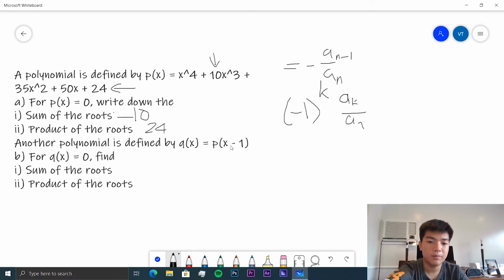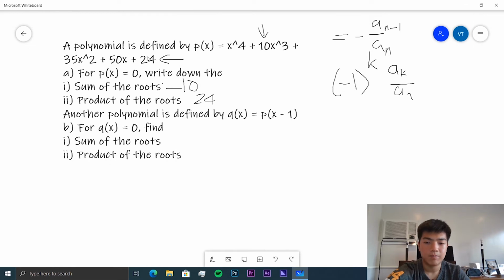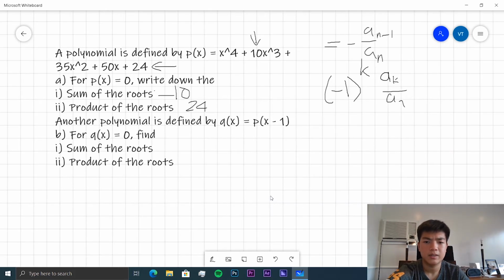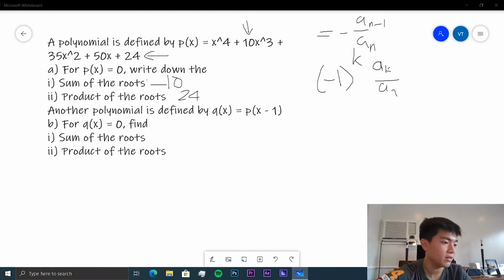Next, another polynomial, q of x is equal to p of x minus 1. So the sum of the roots actually does not change. Wait, p of x minus 1. Oh, so we have to expand this actually. So it's harder than I thought.